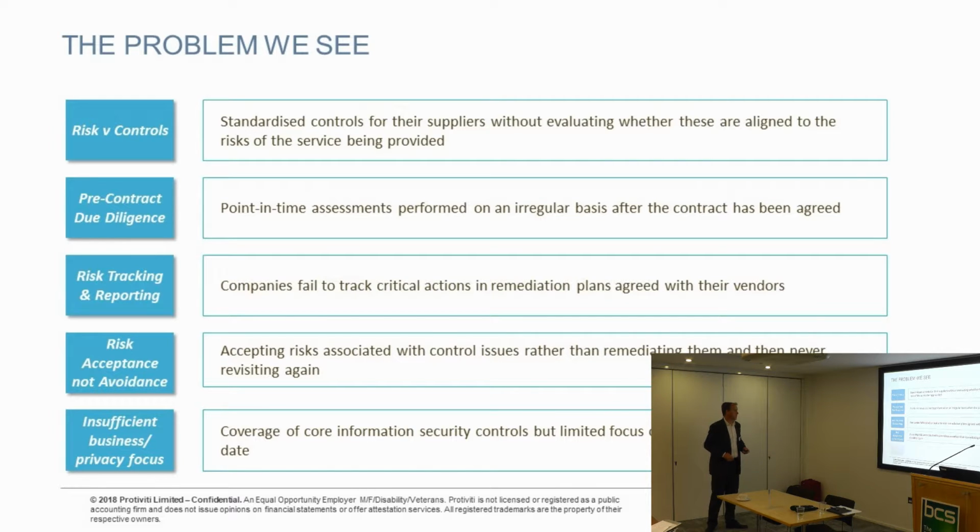So we see a number of issues in the industry in relation to third-party risk. I'm not going to go into this in a lot of detail, but essentially where we do see vendor risk management, we see quite poor follow-up. So even some of the big financial services organisations who spend quite a lot of money on vendor risk management, we see a lot of very manual processes.